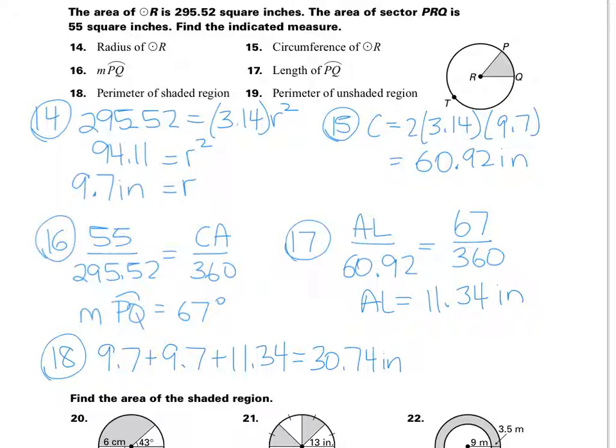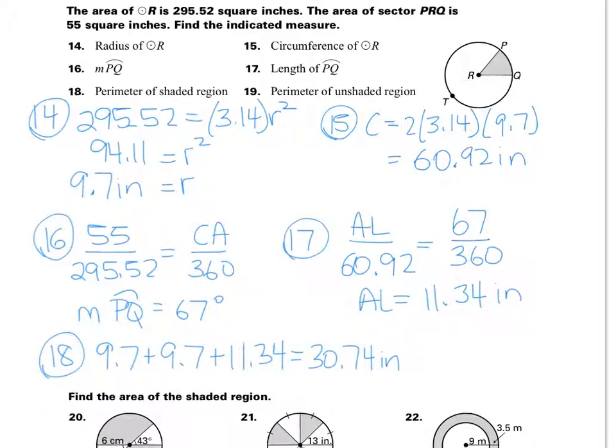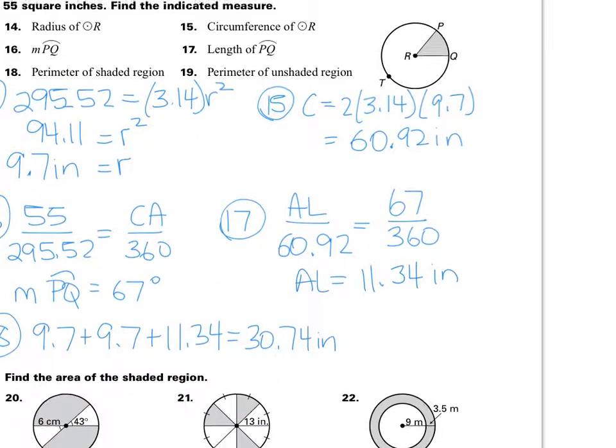And then in 19 it says the perimeter of the unshaded region. Okay, oops. So the first thing we need to do is find the arc length. So the arc length, which would be the arc length of PTQ.